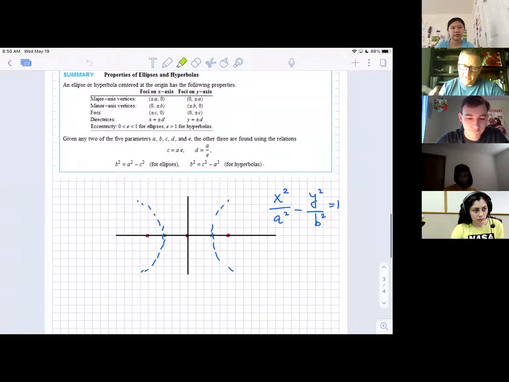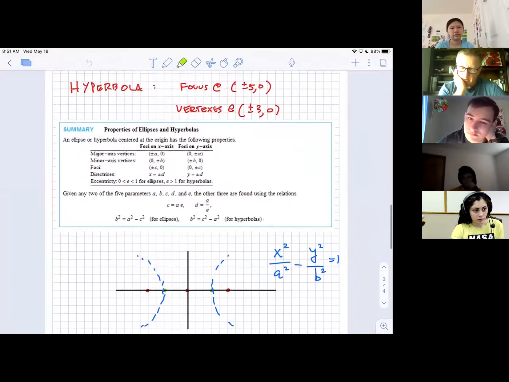This is what it is. I just need to know what values for A and B. Well, what do I know? Again, I'm looking at these formulas down at the bottom. I was told that the focus was plus or minus 5, 0, and the focus was on the x-axis.